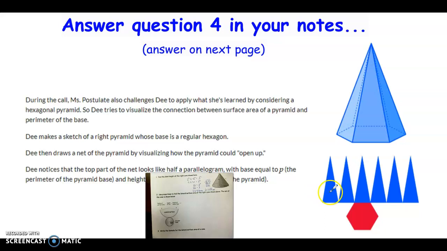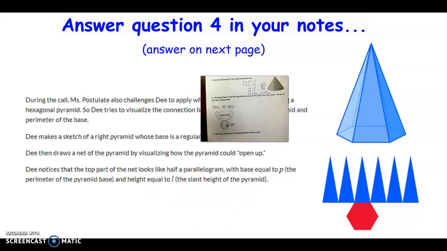And this is just one way of drawing that net. Here are the 6 isosceles triangles that are the lateral faces, and then the regular hexagonal base. So she notices that the top part of the net looks like half of a parallelogram. So if we had all of these again filling in these spaces, we would get a parallelogram. And so she knows that the base is equal to the perimeter of that base.